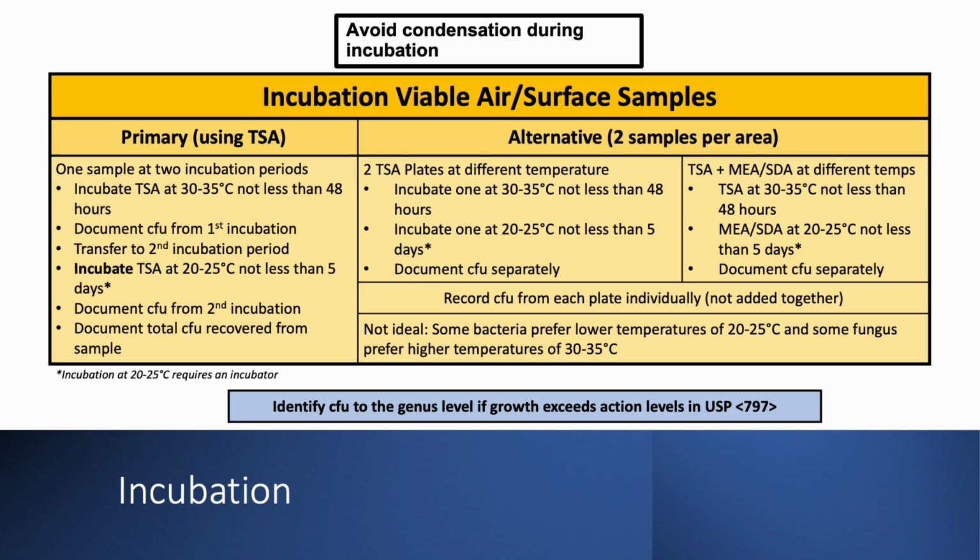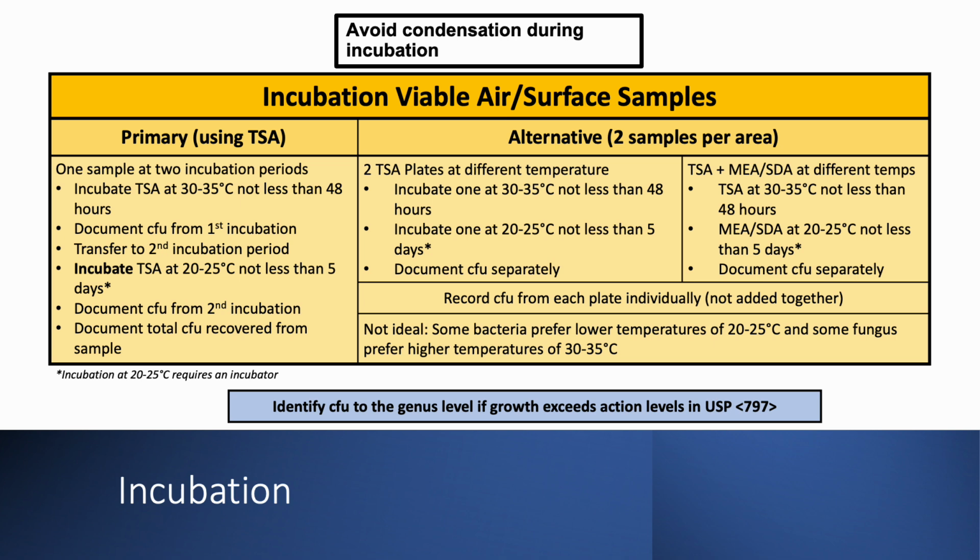But for the primary way we incubate, again, remember we're going to invert these samples to avoid condensation, first of all, and incubate them. And we're going to first incubate the TSA agar at 30 to 35 degrees Celsius for no less than 48 hours. We're going to stop and document our CFU from that first incubation period.